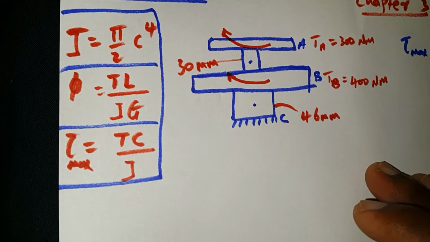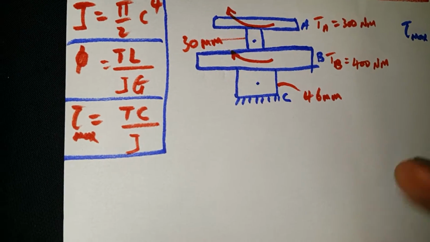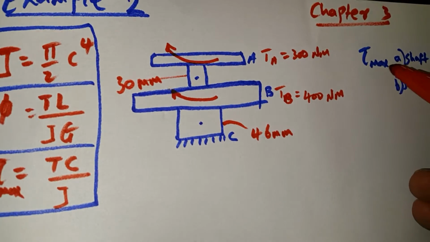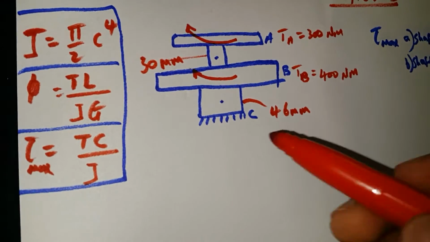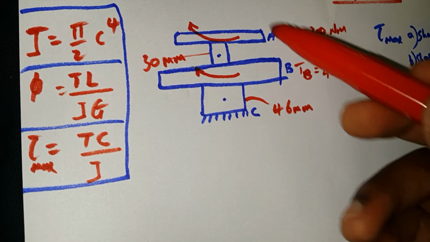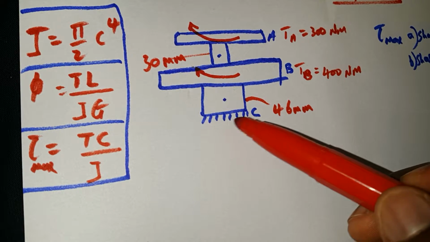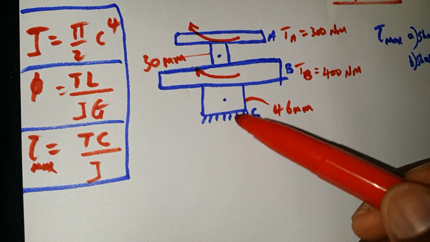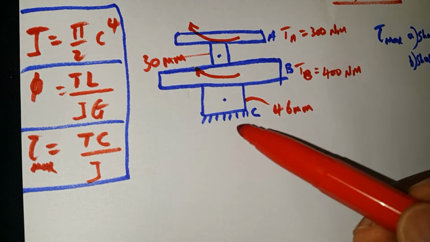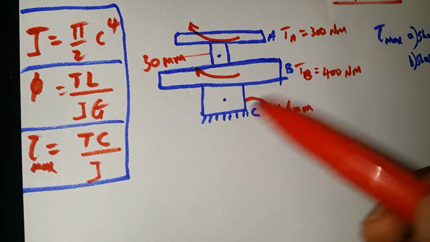So what do we do now? Since we are looking for the maximum shear stress of this place, we look at the body. The first thing to do is to put the reaction torsion in this place.